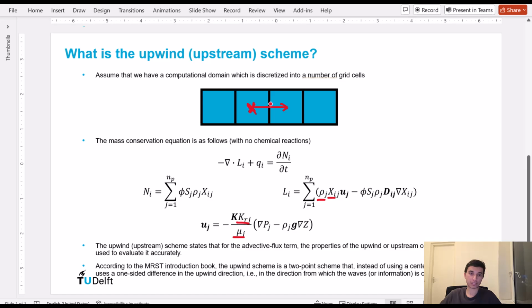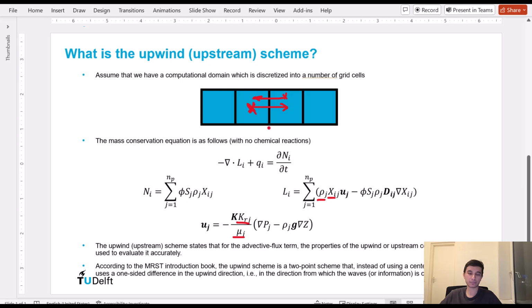So when we want to evaluate the advective flux of the component at this interface, we need to use these properties at this cell. All right. If the component was moving in the opposite direction, we had to use those properties in this cell.